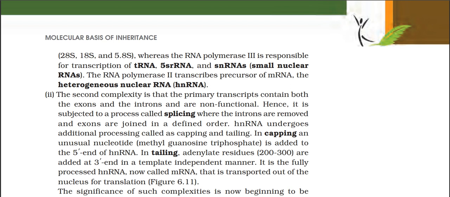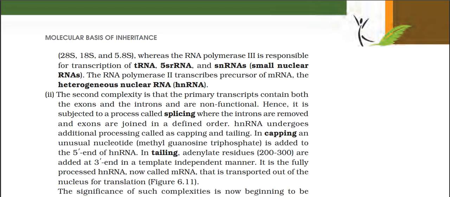The second complexity is that the primary transcripts contain both exons and introns and are non-functional. Hence, they are subjected to a process called splicing, where the introns are removed and exons are joined in a defined order. hnRNA undergoes additional processing called capping and tailing.